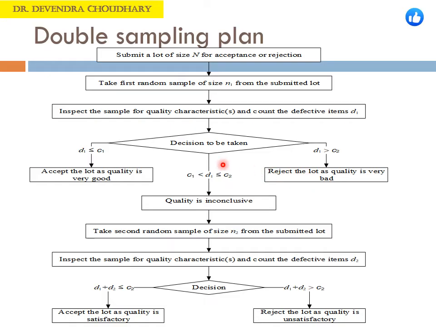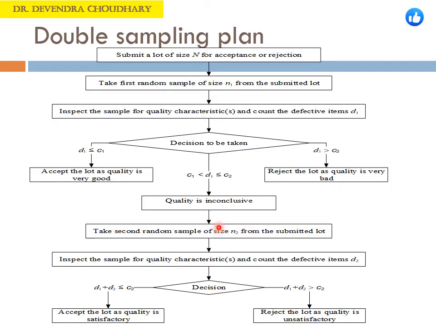And if the defectives found in the first sample are more than the first acceptance number C1 but less than or equal to the second acceptance number C2, then we take the second sample of size n2.